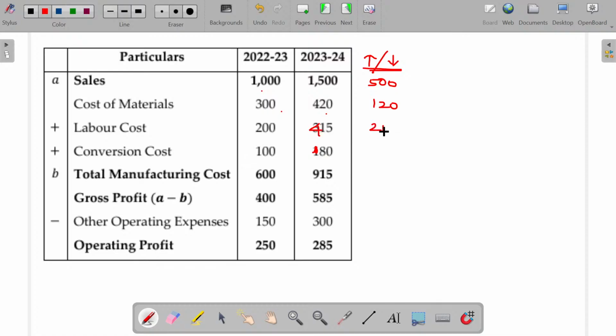So 200 to 415, there's an increase of 215, 100 becomes 80 means 20 decrease. I put the value in brackets for decreased item. The ultimate value being 315 increase in respect of sales, cost of material, labor and conversion cost. GP increases by 185, other operating expenses also increases by 150, and overall net profit increases by 35.